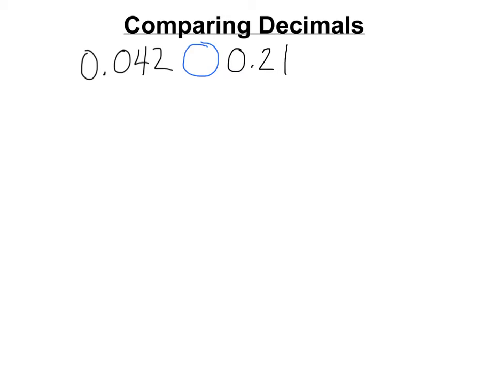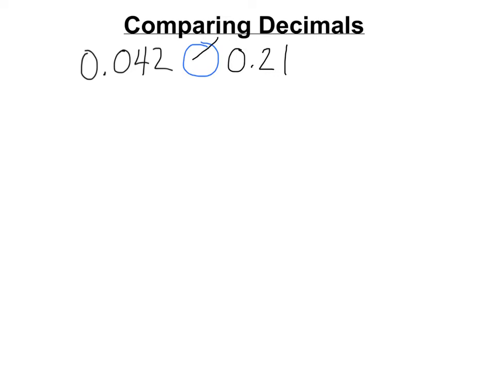So, in the ones place, which is the highest place value, they both have zeros, so we got to move on to the next. In the tenths, this has a 0, and this has a 2. Well, 2 is bigger than 0, so I can stop right there, and I know that this number is going to be larger.